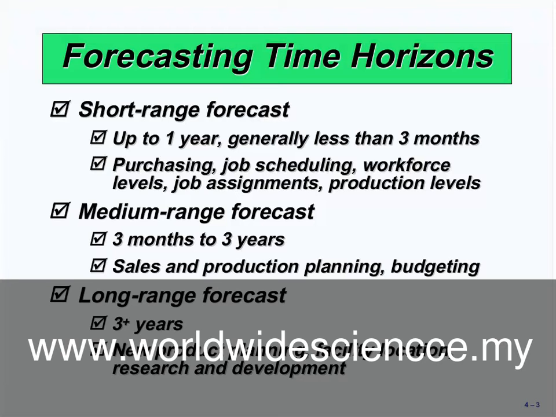Next slide, please. Okay. The types of forecast can be divided into three. Economic forecasts cover the business cycle, inflation rate, money supply, housing starts, and something like this. Technological forecast predicts the rate of technological progress and the impact on development of new products.